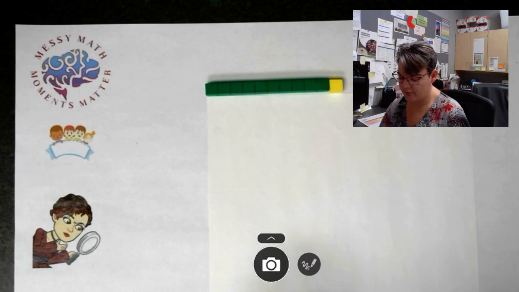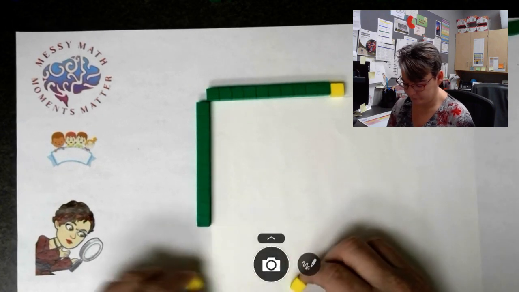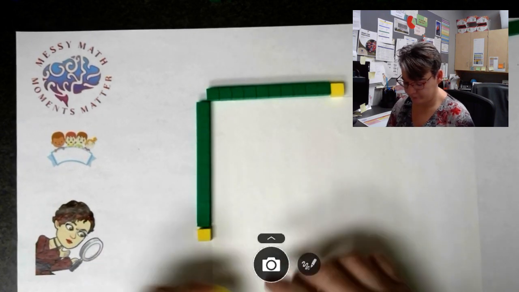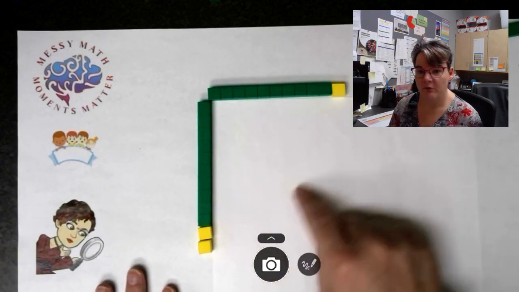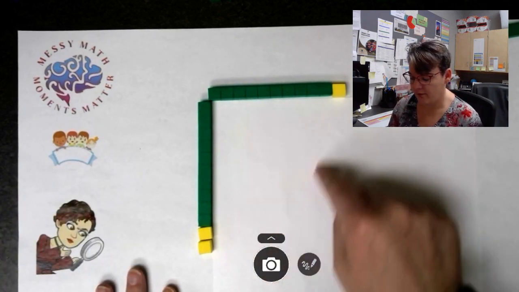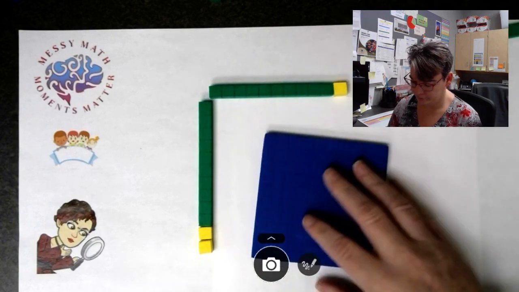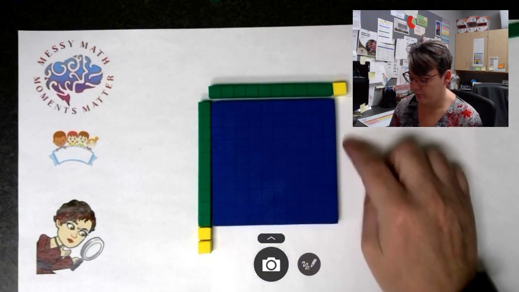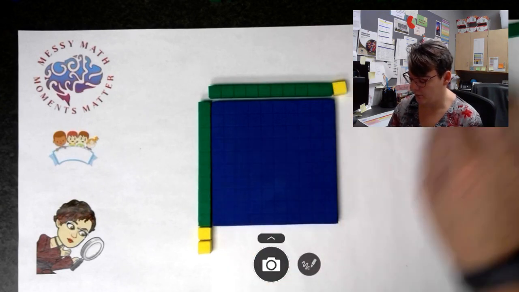and 12 on the outside. Then they would find a base 10 block that fits right here that has an area of 10 multiplied by 10. A base 10 block that fits right in here that has an area of 10 multiplied by 1.